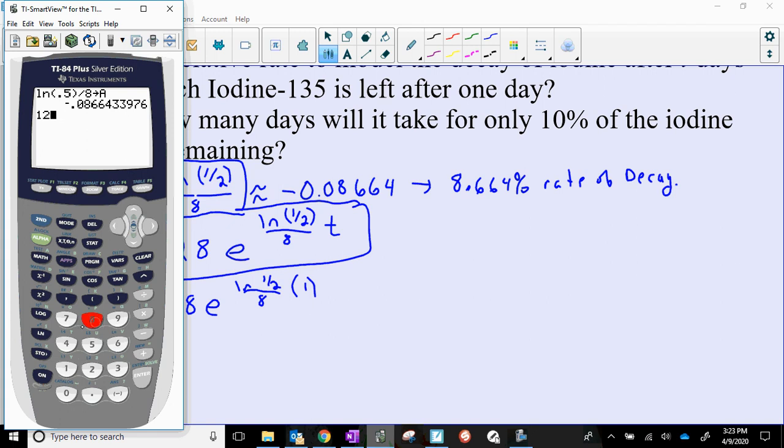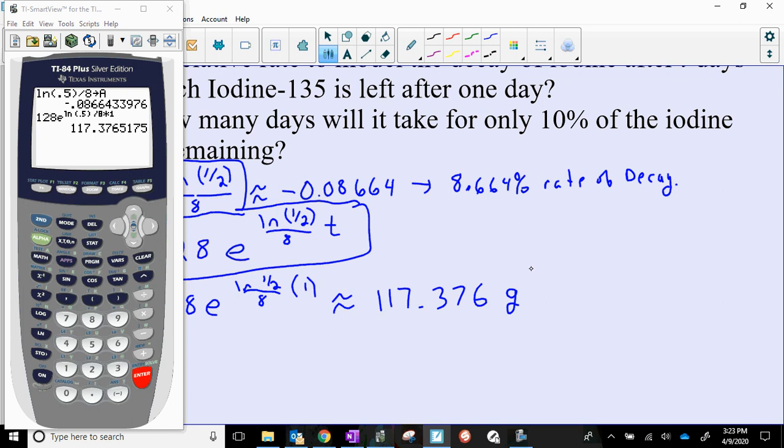So 128 e to the natural log of 1/2, or 0.5, divided by the 8 days it takes to get there, and we're going to do just 1 day. And we get the same 117.376 grams that we did the first time we did this problem using the other formula.